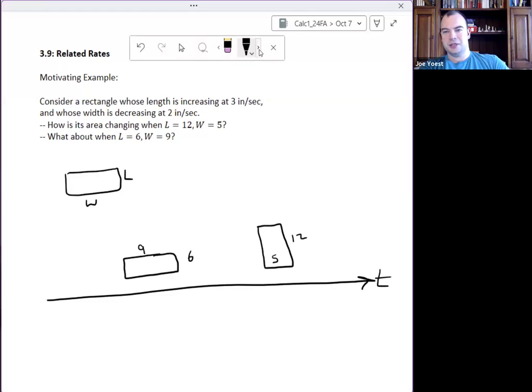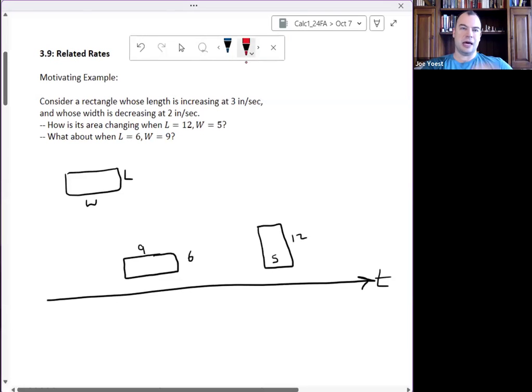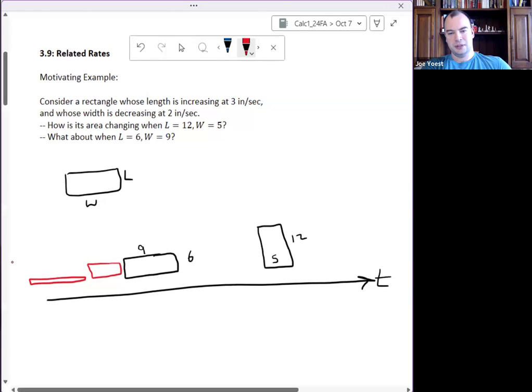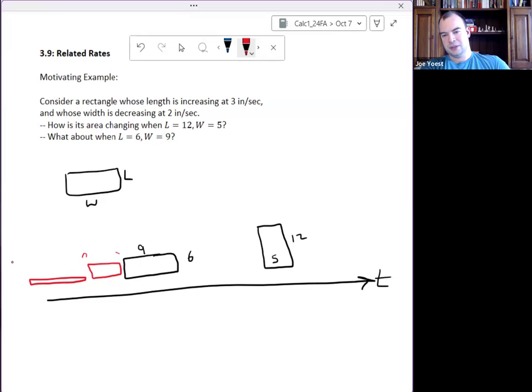And we could imagine that over time, if we took snapshots at different points of time of this rectangle, at some point it would have been really wide and short, but a little less wide and a little taller. A little less wide still, a little taller still.